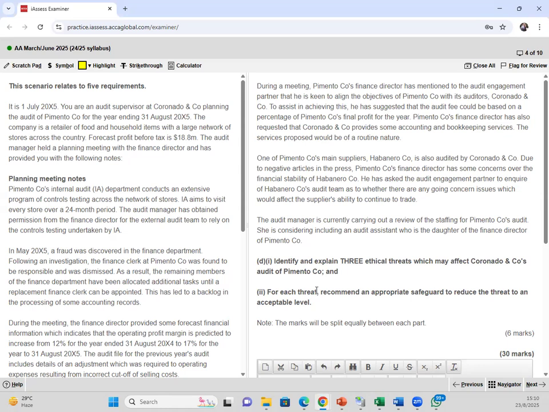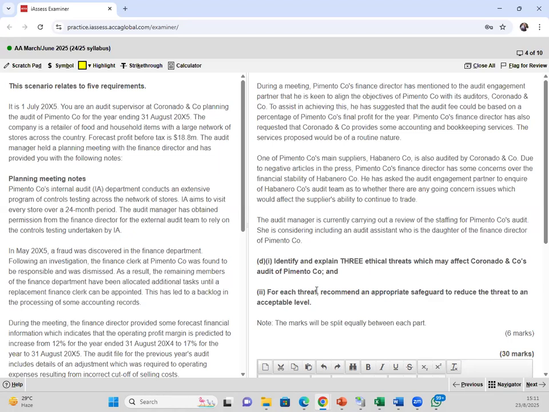To assist in achieving this, he has suggested that the audit fee could be based on a certain percentage of P company's final profit for the year. P company's finance director has also requested that C company provide some accounting and bookkeeping services. The service proposed would be of a routine nature.